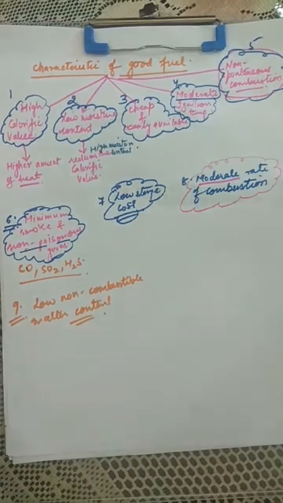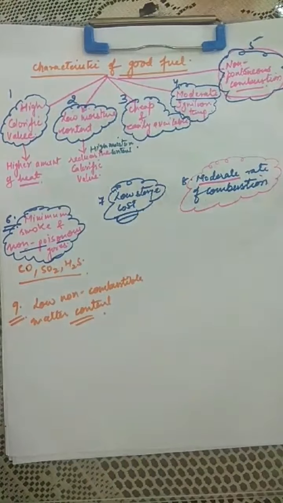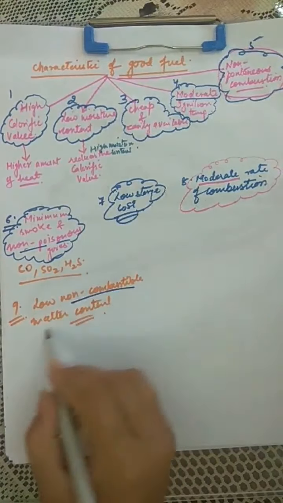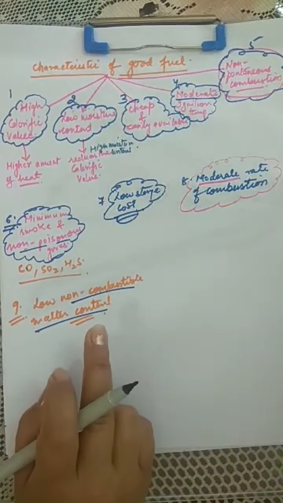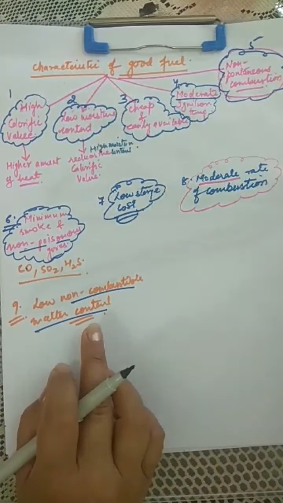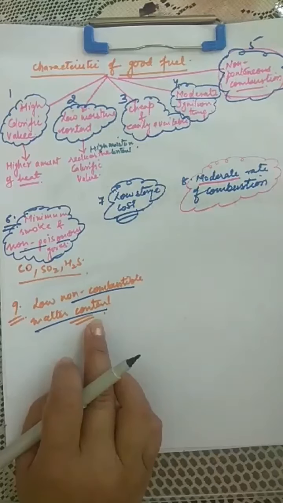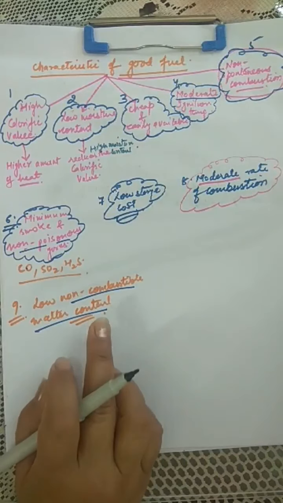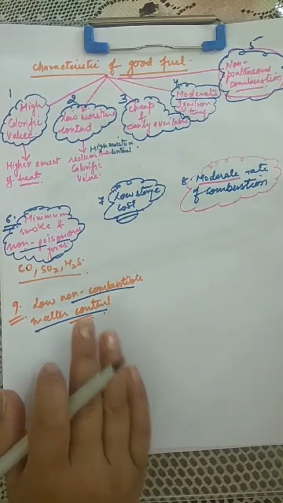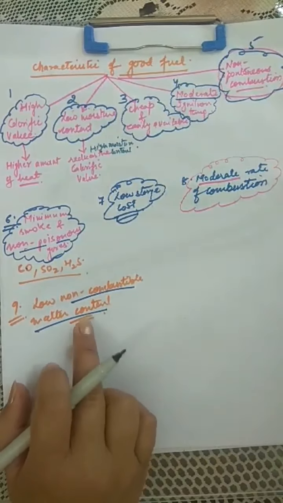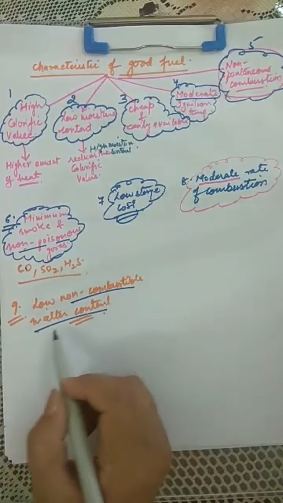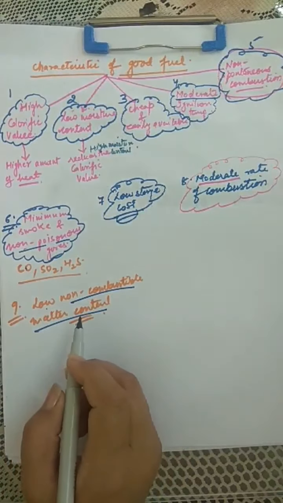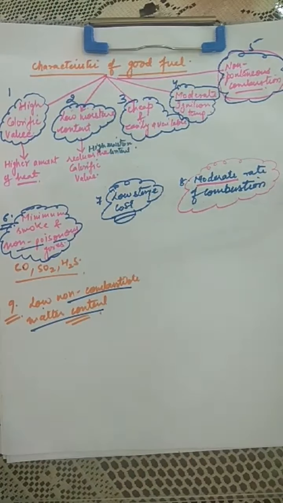It means that after combustion there should be no ash left. If there is more ash, then that fuel is not a good fuel. So it should have low non-combustible matter content. A good fuel should have low content of non-combustible matter.